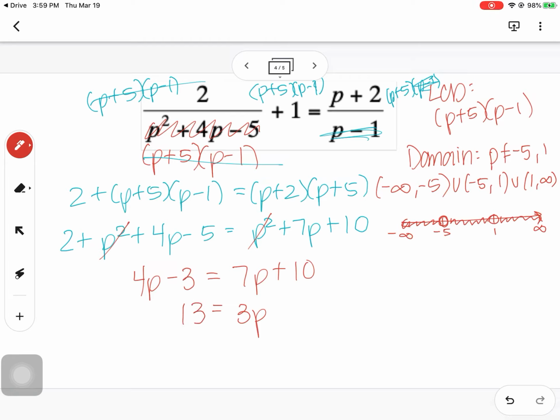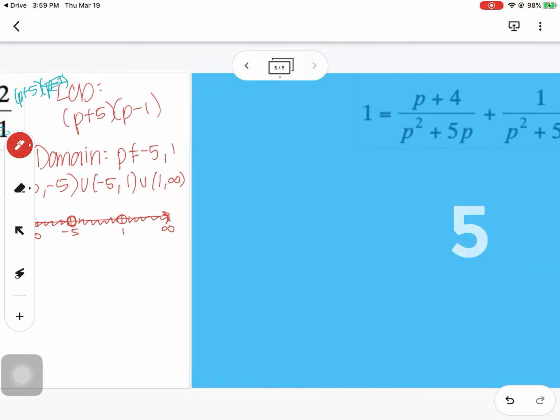Getting my p's on one side, I would have 3p equals 13, and so p is 13 over 3. Again, always verify if your answer is in your domain. It is, because it's not -5 or 1, and that's my correct answer.